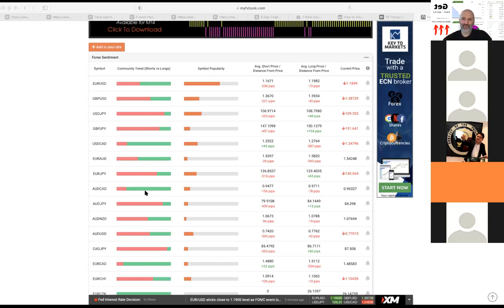If you want to choose pairs that are trending, you can set the EA to work with these trending pairs. For example, on the Euro Yen, you set it only to take buy trades. On the AUD CAD, you set it to only take sell trades. On the GBP USD, in this condition today, you can set it to take counter trend trades. The Euro US dollar also counter trend trades.